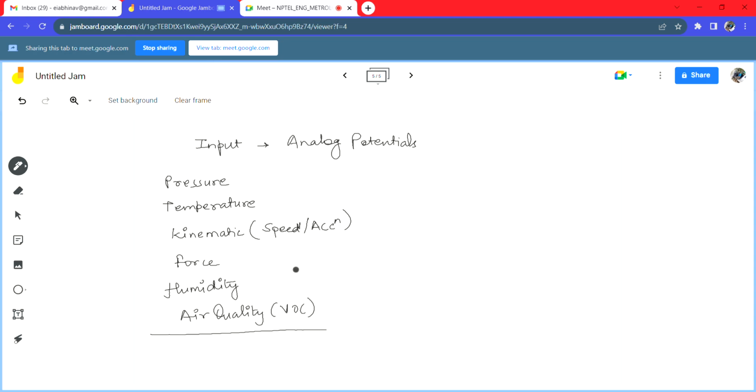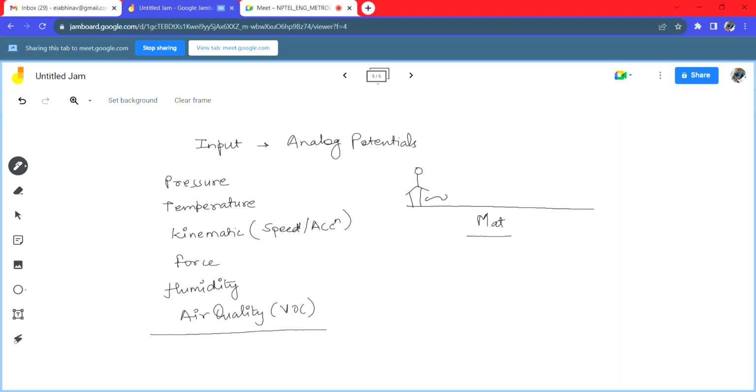Now, how do we see these values, and how is our instrument going to see these values? Say if you are walking on a mat, let us suppose this ground or mat is here, and a person is walking on this ground.